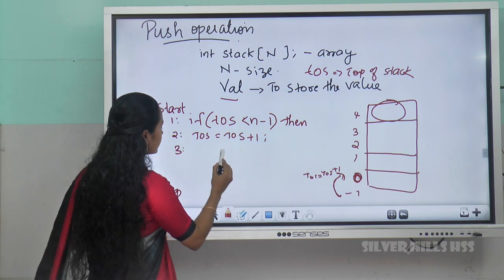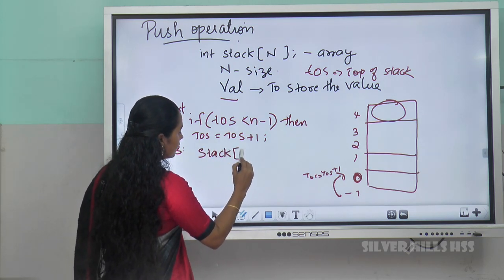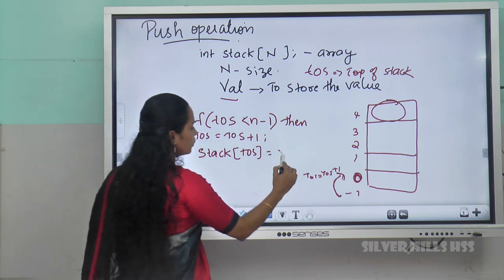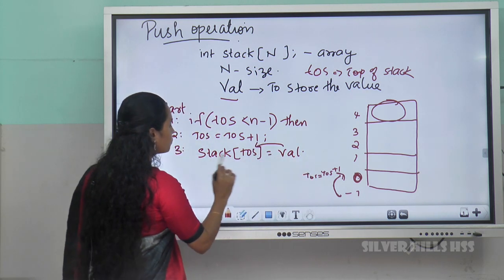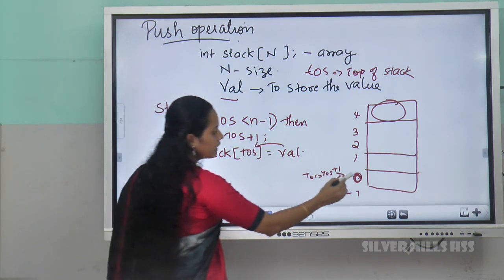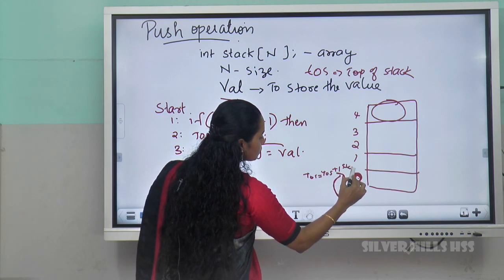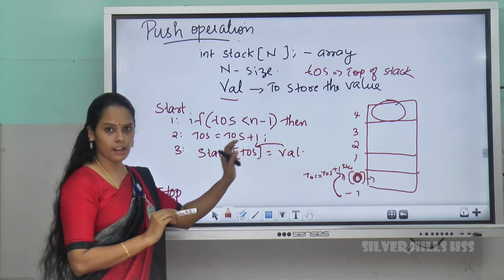So we can write stack of TOS is equal to val. Then the value will be stored inside the position stack of TOS. Now the value of TOS is 0 and the value will be stored inside this position, that is stack of TOS.